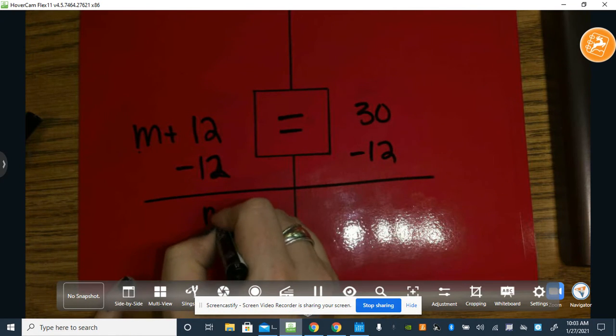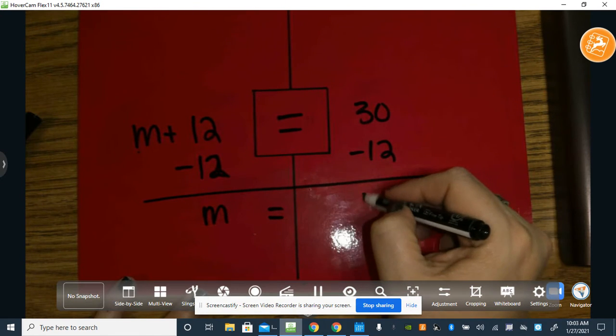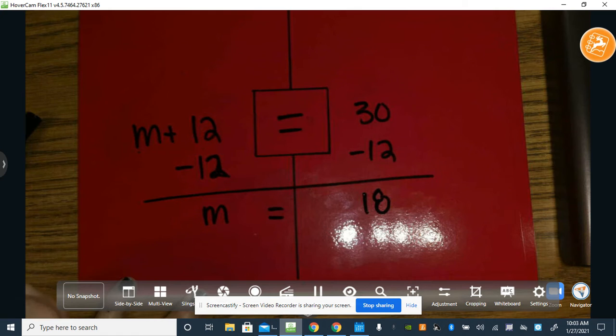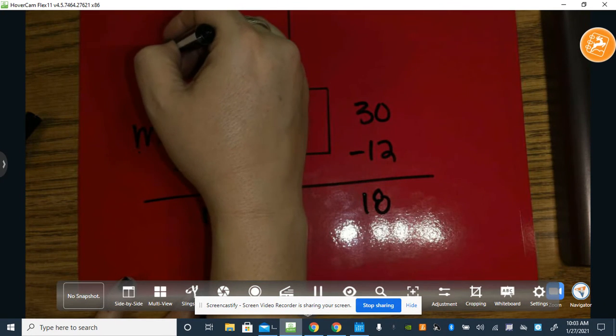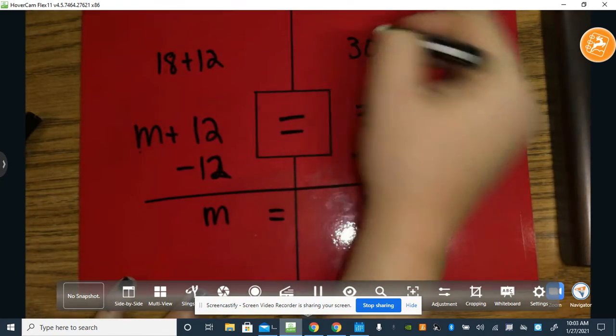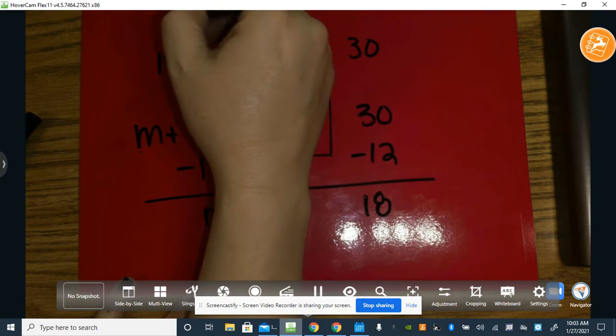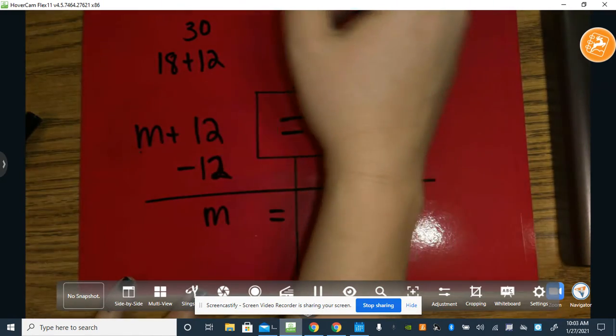All right, so I'm left with m on this side is equal to 30 minus 12 gives me 18. Okay, and then I can check that. So 18 plus 12, does that equal 30? Well, 8 and 2 gives me 10, carry a 1, 1, 2, 3, 30 is equal to 30. It checks.